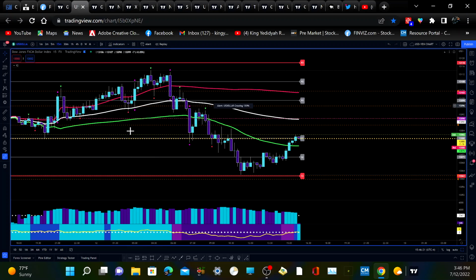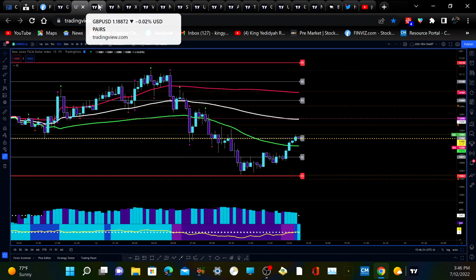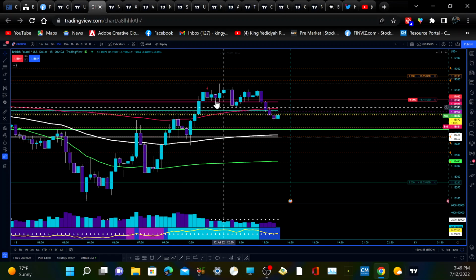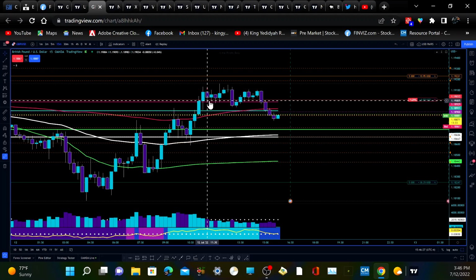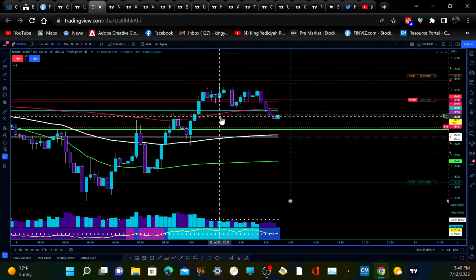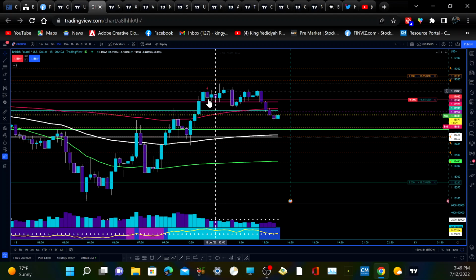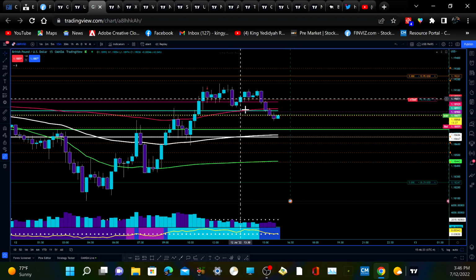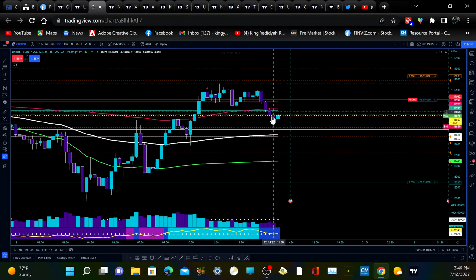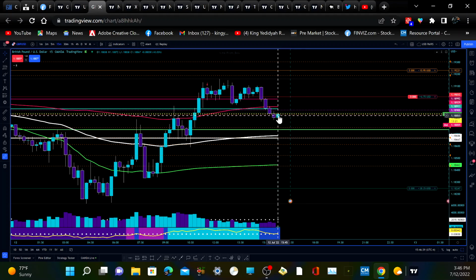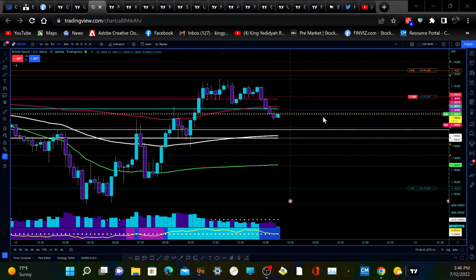So going over to the GBP chart, I entered here at 1.19012, and we had some consolidation right here before we broke down. We broke underneath. Let me grab the arrow.